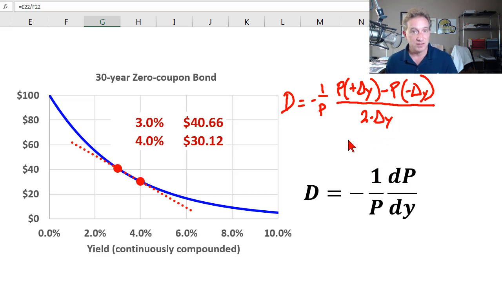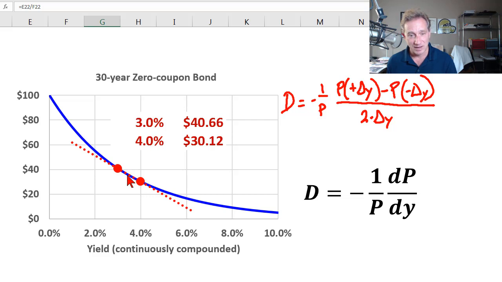And then what candidates in the FRM ask me about every year, I swear to you, is a common question. They'll see different versions of this with or without the 2. And they don't need to worry about that if they have an understanding as to what this formula is doing and the fact that this right here is just computing a slope.